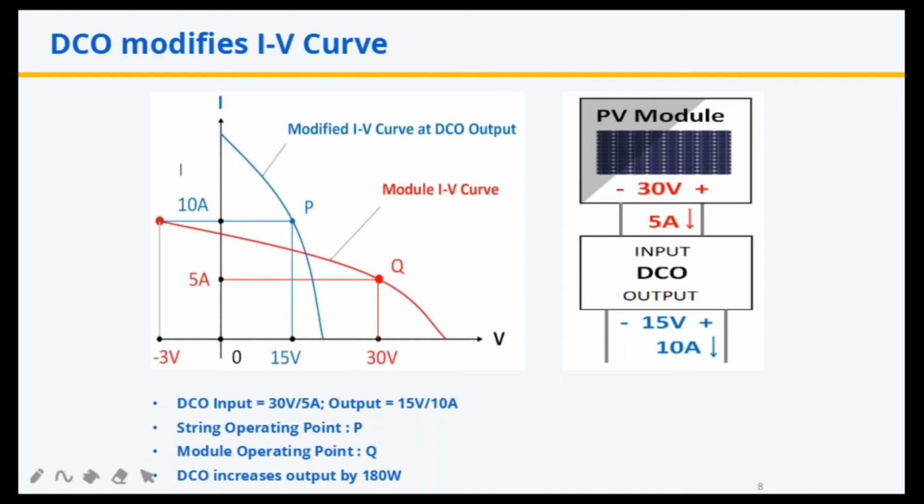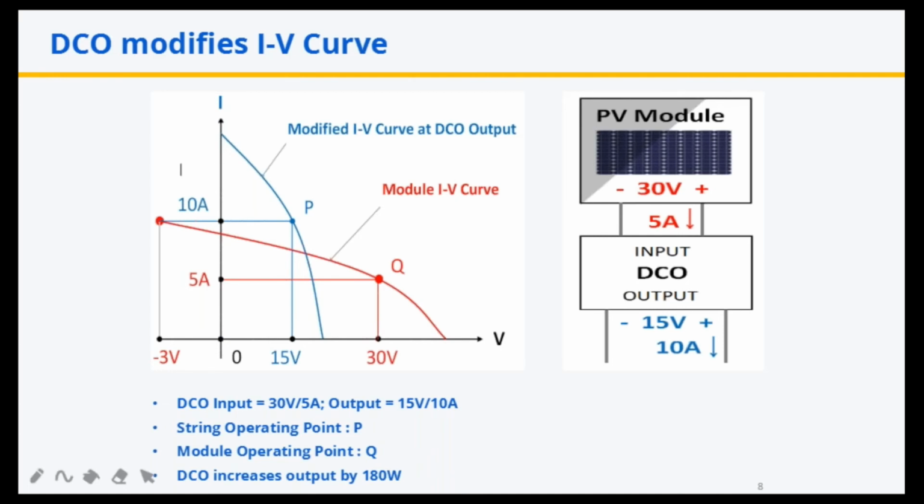What is the effect of the DC to DC conversion? Let us try to understand this in terms of the IV curve of the module. The IV curve of the shaded PV module is shown in red. That's the input to our DCO. Assume that the conversion factor of the DCO is 2:1.